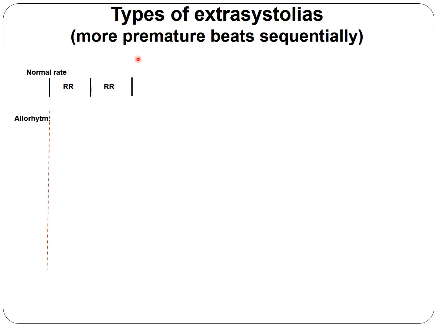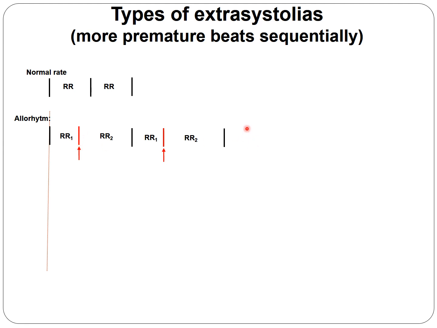If we have more premature beats sequentially, coming regularly, that is called allorhythmia. For example, if we have an early coming beat every second time, so every second beat is a premature beat, that's called bigeminy.